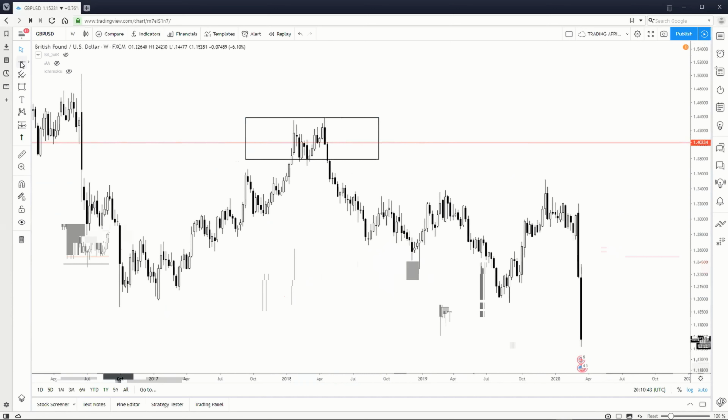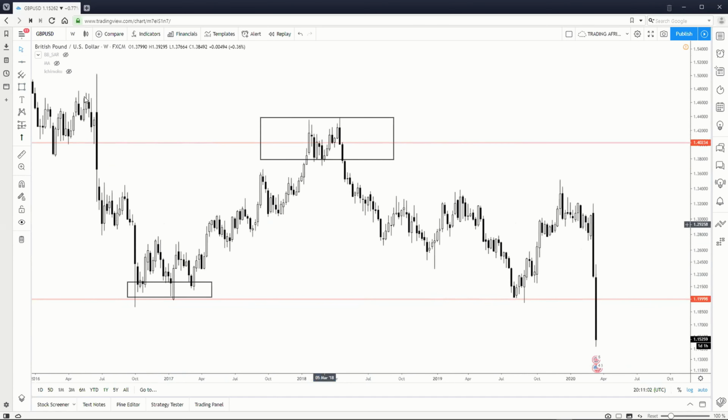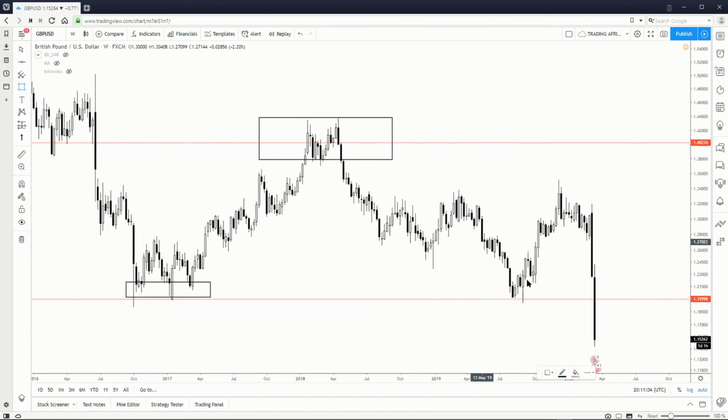On the weekly chart, we can also draw the other level, which we see here, to determine the next support level. And you can see the market reacted cleanly. You can see this clean area, and you can see the other level here.